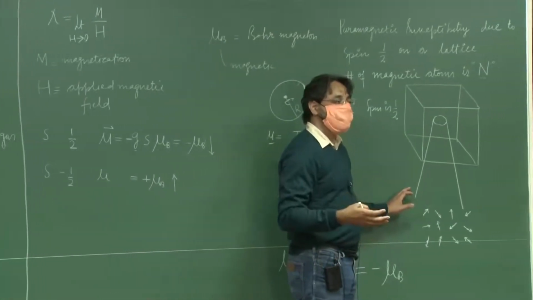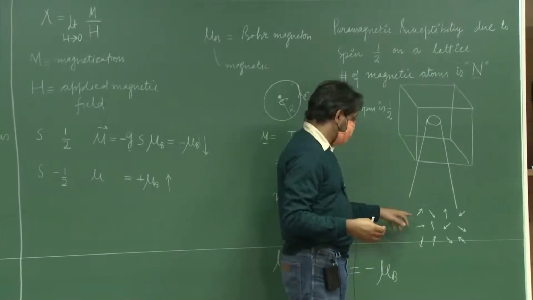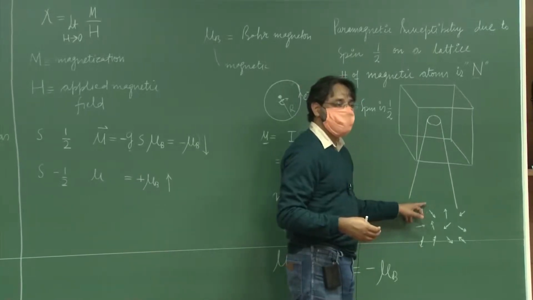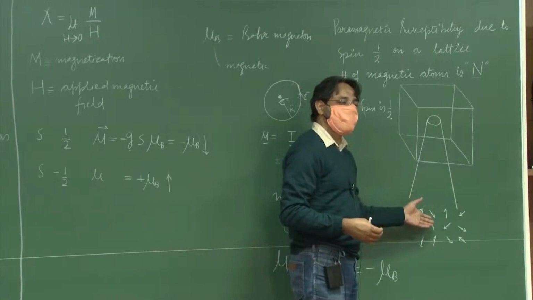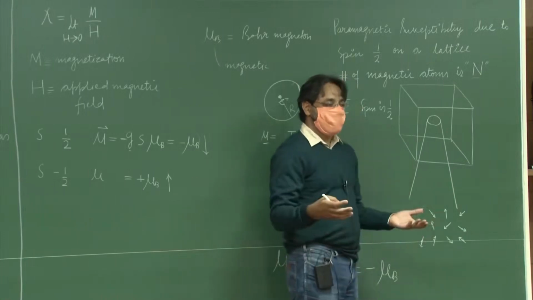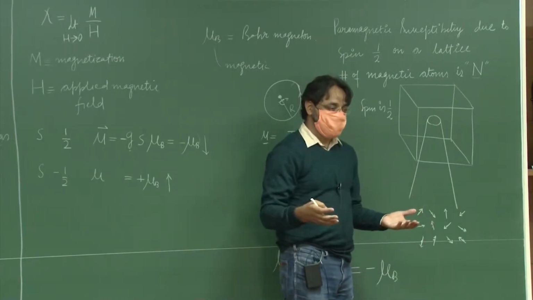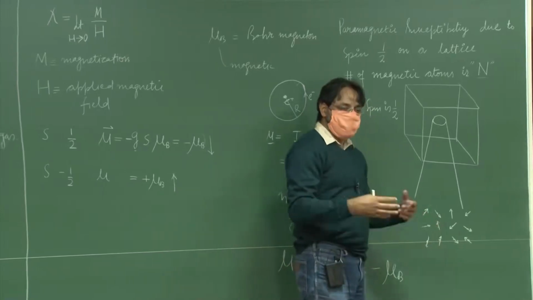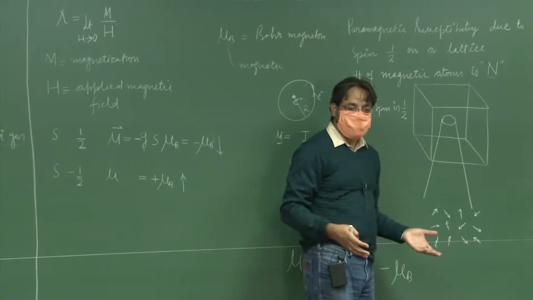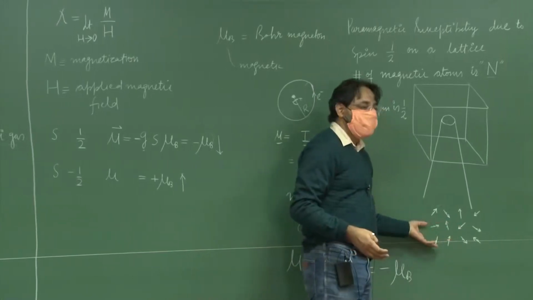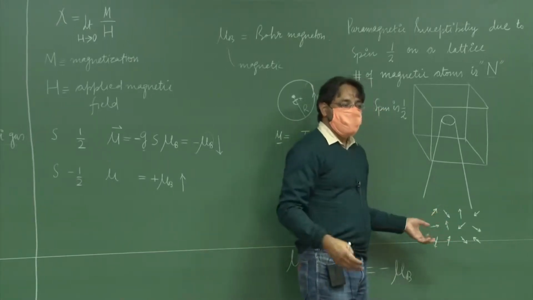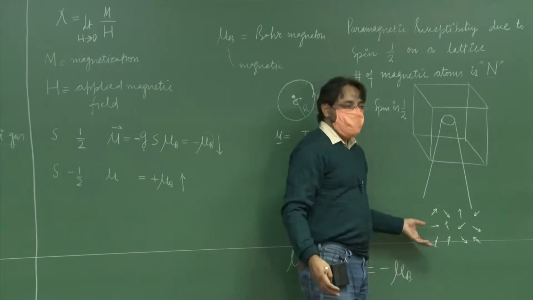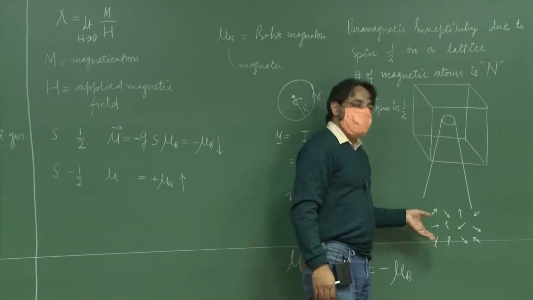There is no spontaneous magnetization, because there is no interaction between the spins. If there is an interaction between the spins, then you get a ferromagnetic or antiferromagnetic ground state. That comes about when there is an interaction, but we have assumed that they are non-interacting. Therefore, there is no magnetization in the absence of an external magnetic field.